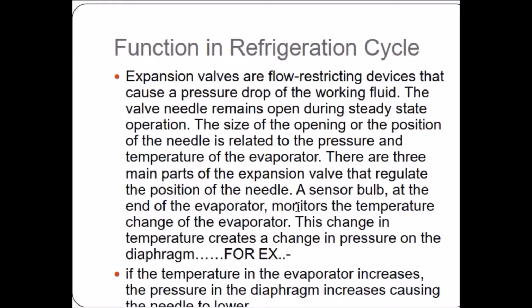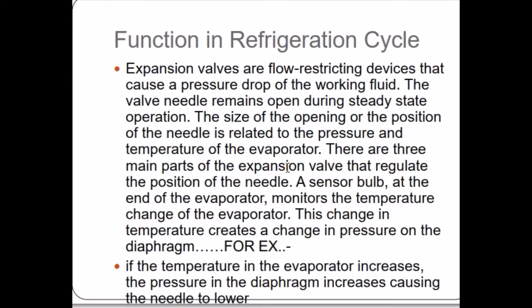The function in the refrigerant cycle: the expansion valve is a fluid restricting device that causes a pressure drop of the working fluid. The valve needle remains open during steady state operation. The needle is moved by the diaphragm within the valve, between the valve input and the valve output.